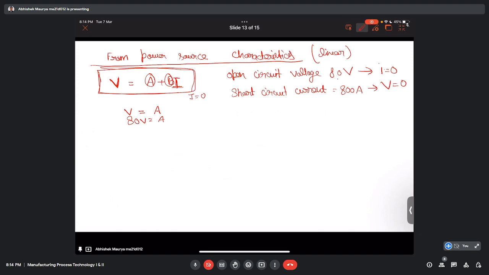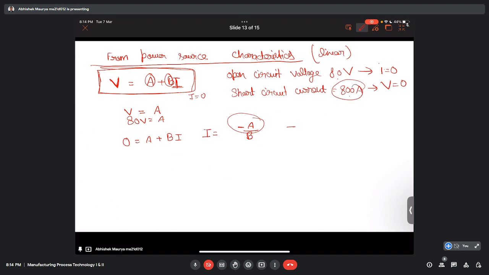Similarly, if we put the second condition, voltage equals 0, we get I equals minus A by B. And we have already calculated the value of A, and it is given that the short circuit current is 800 amperes.